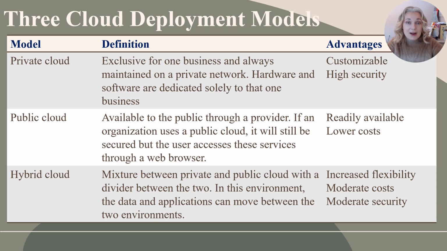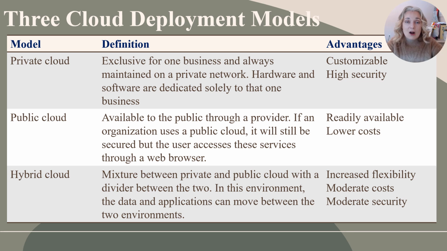On the other end of the spectrum, we have a public cloud, and this is available to the public through a provider such as Dropbox. If an organization uses a public cloud, it will still be secure, but users access these services through a web browser. The benefits are that it's readily available, and the costs are much, much lower.